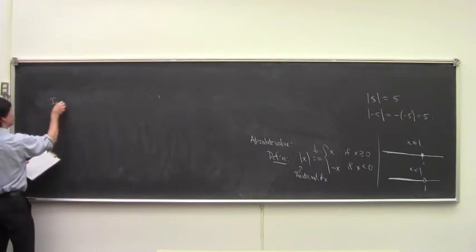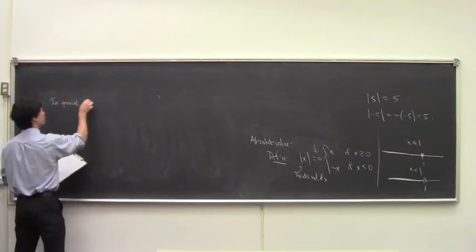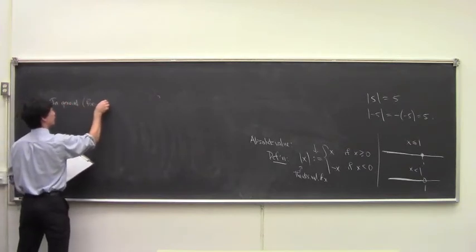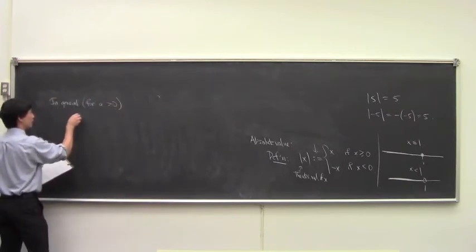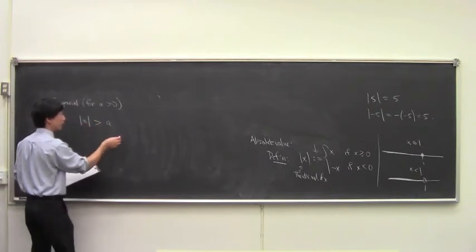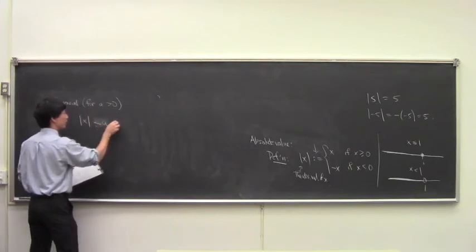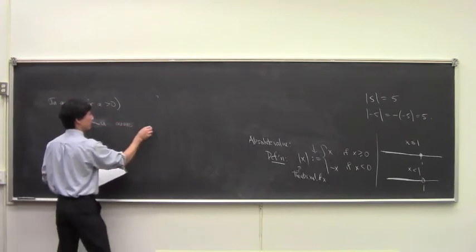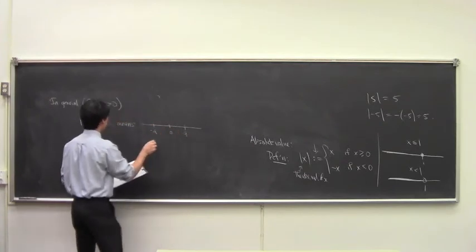So in general, for a positive a, the absolute value of x being less than a means that, let's say here's 0, here's a, and here's negative a.